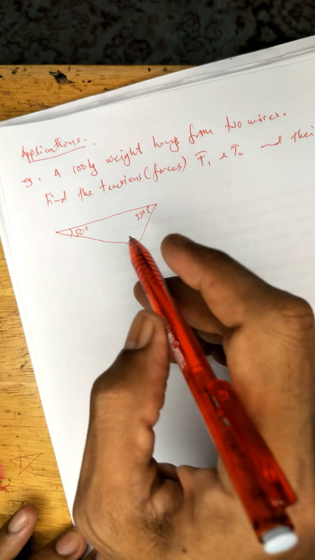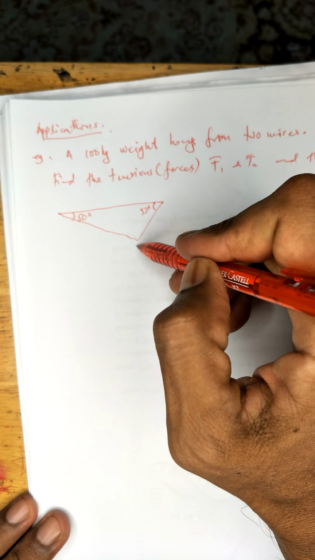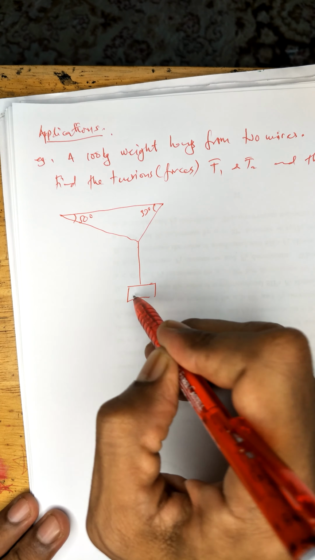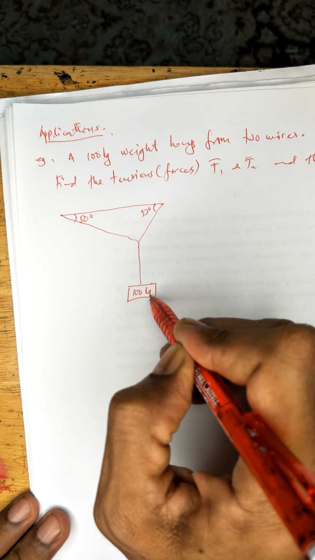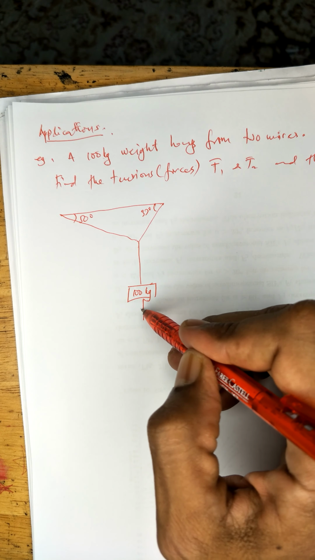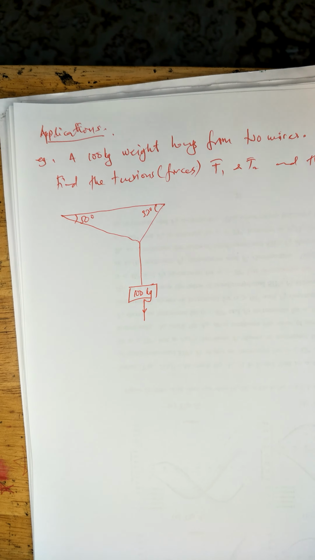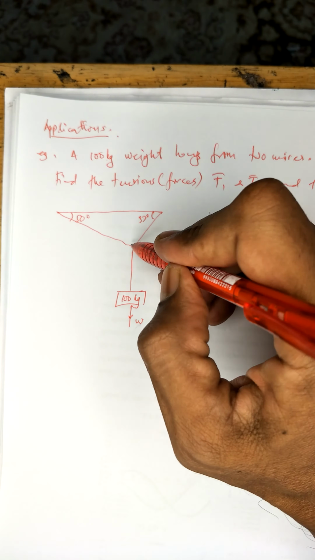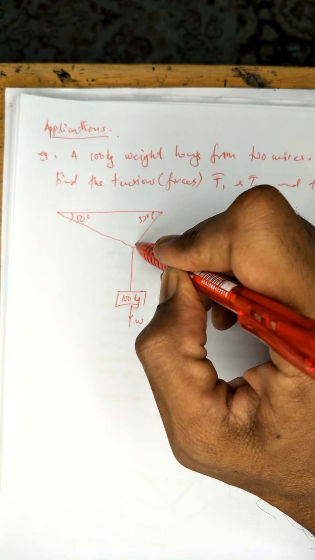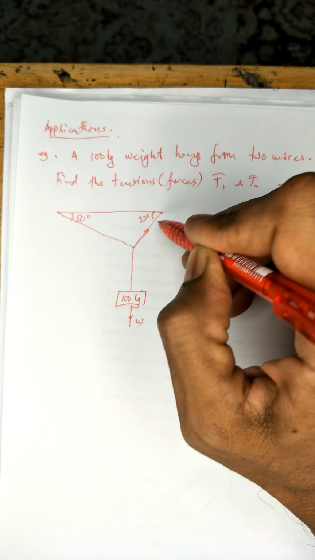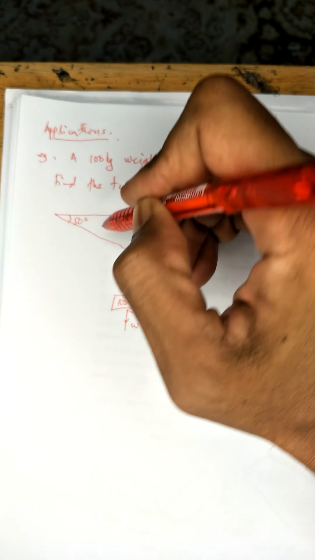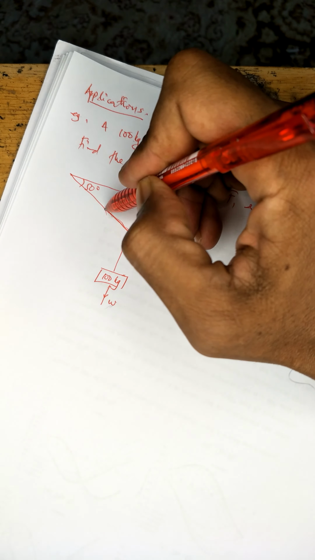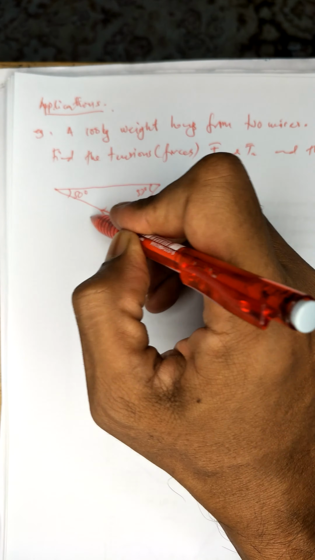Okay, and this is our weight, 100 kg. So let's call this W. Then this is our tension, that is T2, that is T1.